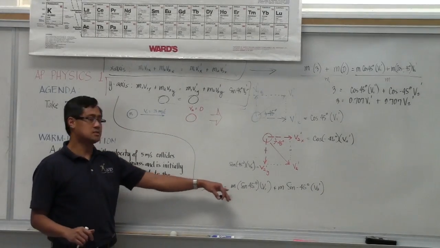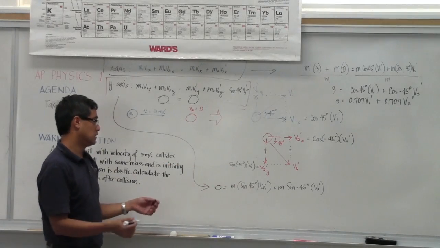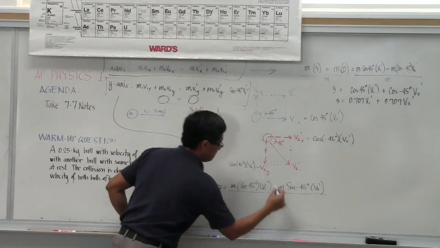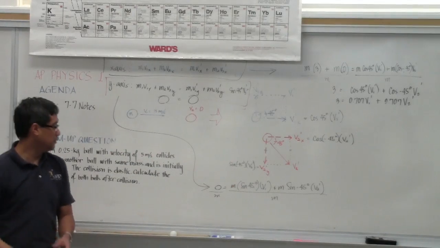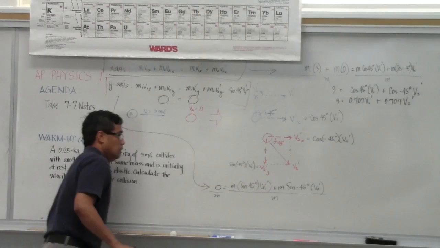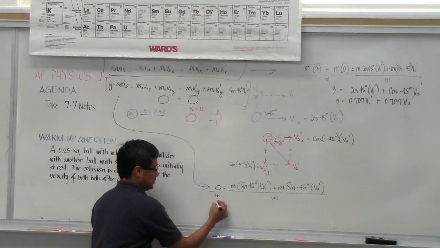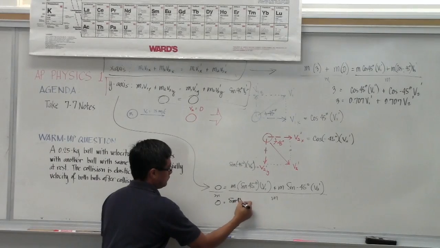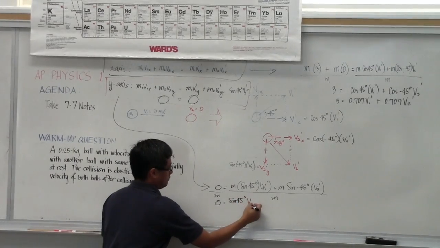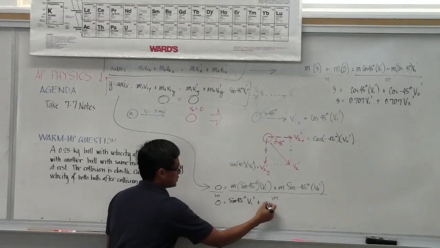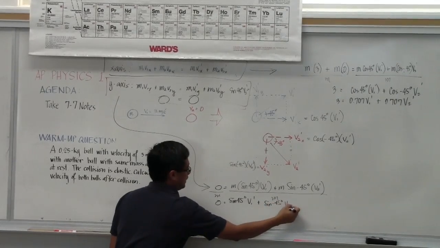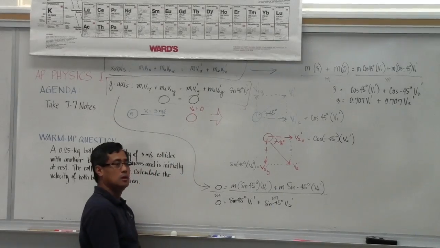Now again, can we divide all of this by m? Yeah? And if you divide that by m, I'm still going to get 0 here. Sine 45 degrees V1 prime plus sine negative 45 degrees V2 prime. Yes? Okay.